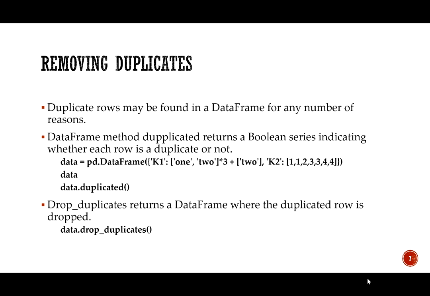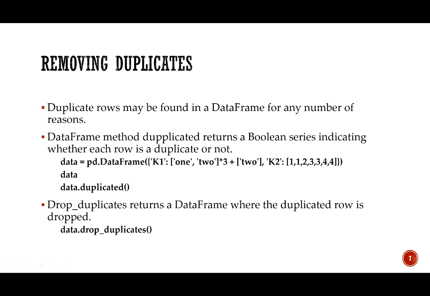But you can also search for duplicates. Duplicate rows may be found in a data frame for any number of reasons, for example, user errors. So there is a method to identify duplicate rows. The data frame method duplicated returns a Boolean series indicating whether each row is a duplicate or not.